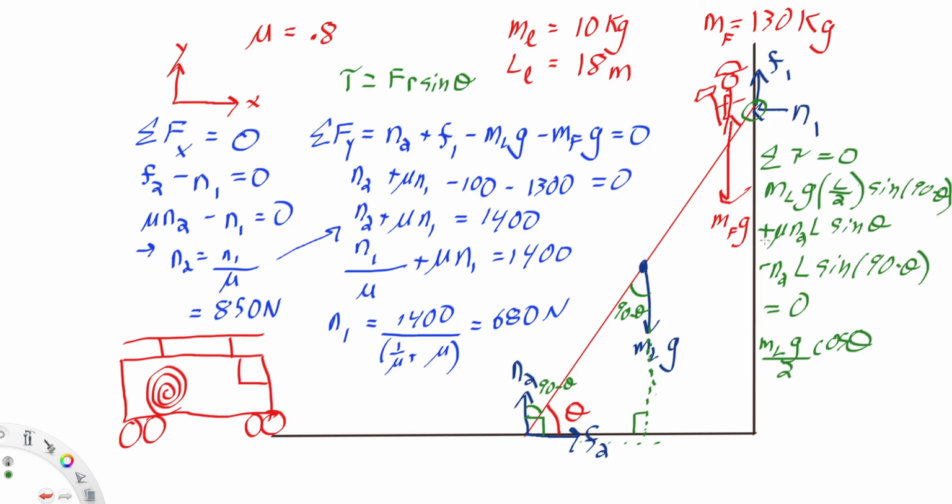We're going to take this sine theta and move it to the other side of the equation. So we're going to have minus N2 cosine theta equals mu N2 sine theta.